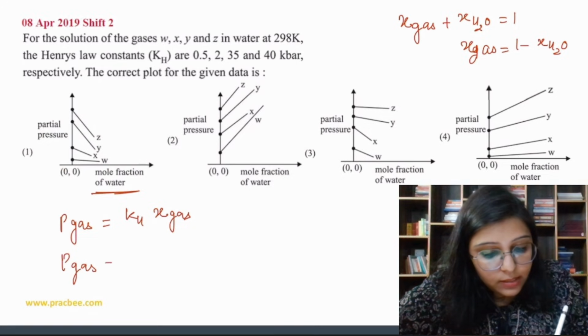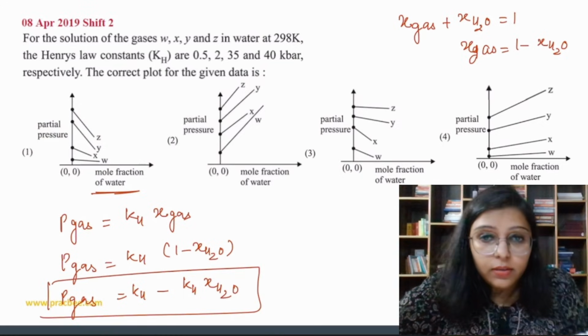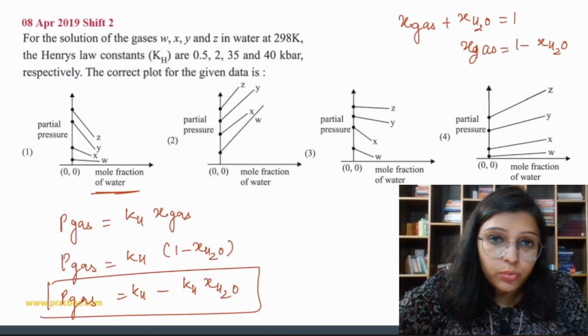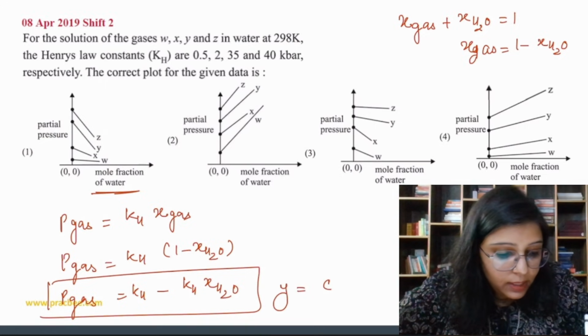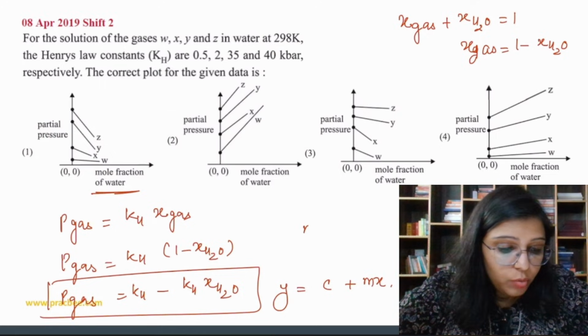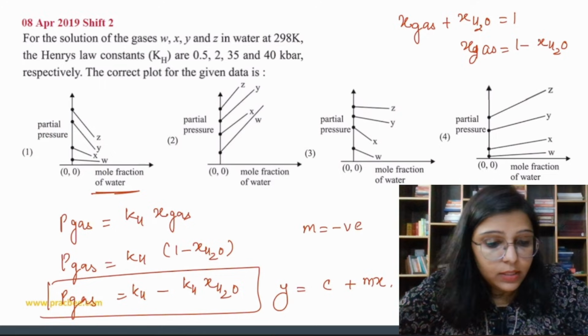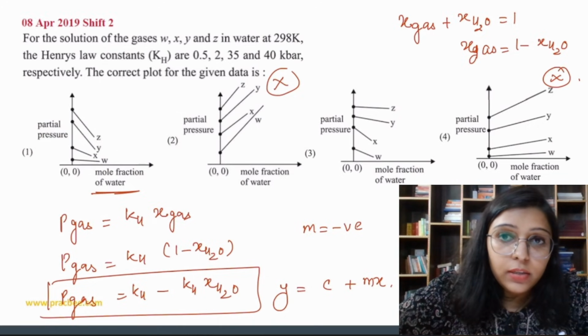So pressure of gas is equal to kH times (1 minus mole fraction of water). On solving this further, we get kH minus kH times mole fraction of water. Clear? Now we are going to relate this equation with y is equal to mx plus c. So this is equal to c plus mx. From this, we can say slope is negative. So it means this is wrong because slope is negative, right?